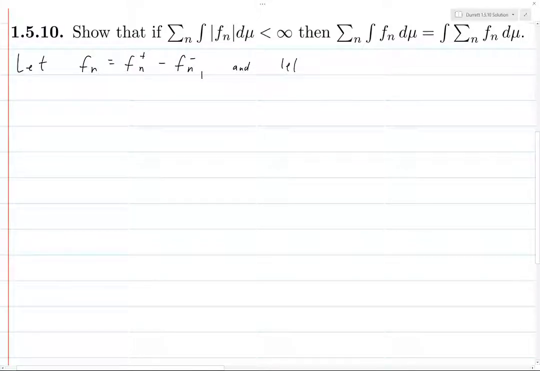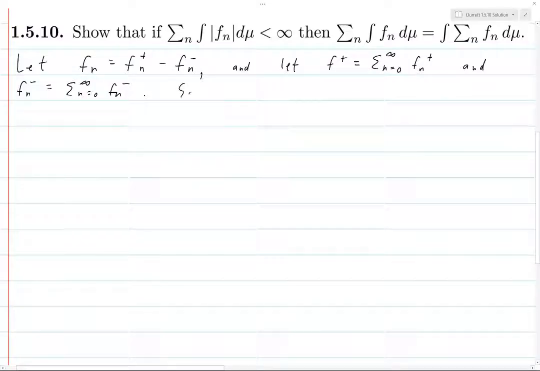And let f plus be simply the sum from n equals 0 to infinity of f_n plus, and similarly f minus is going to be the sum from n equals 0 to infinity of f_n minus. And of course, f_n plus and f_n minus are both functions which are greater than or equal to 0. So f_n plus is the positive part and f_n minus is the negative part.